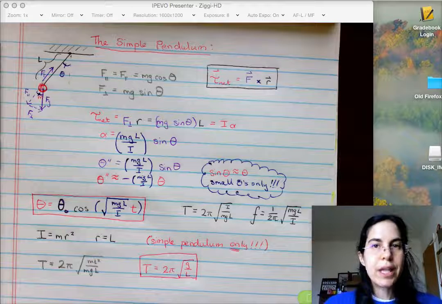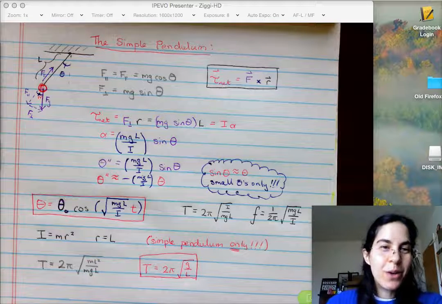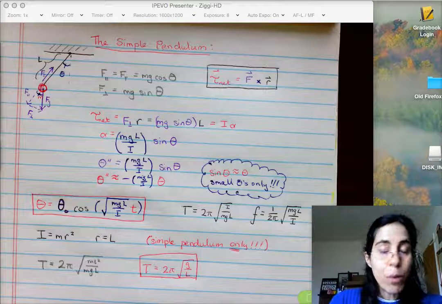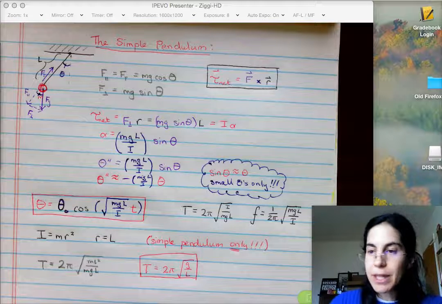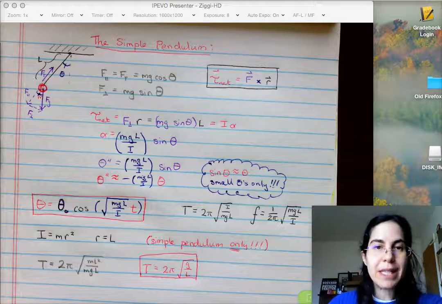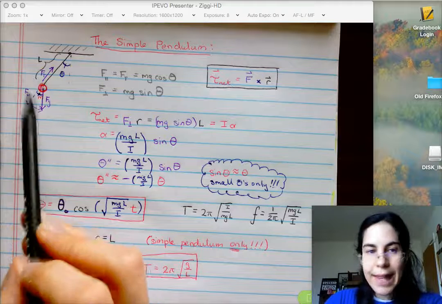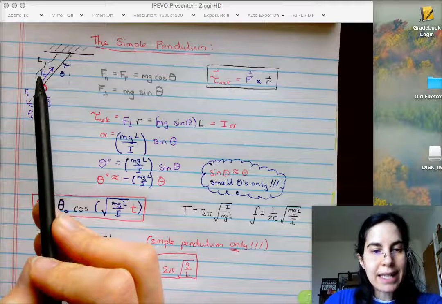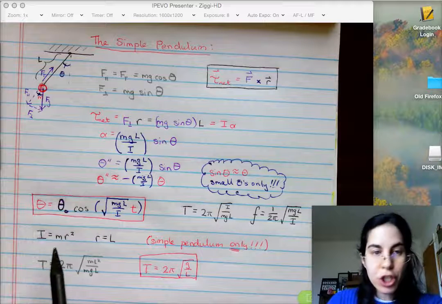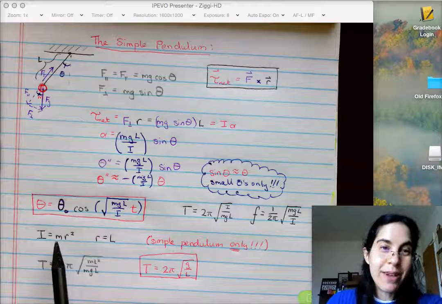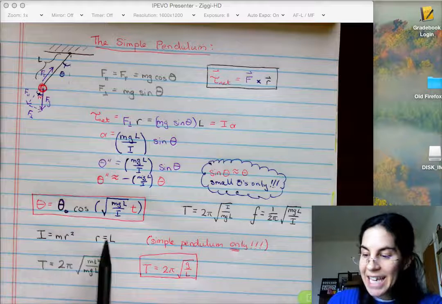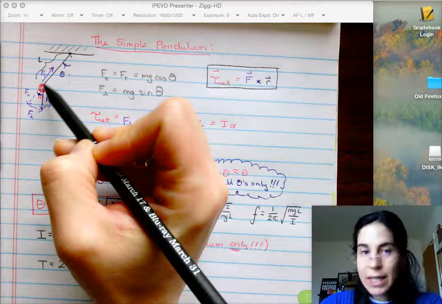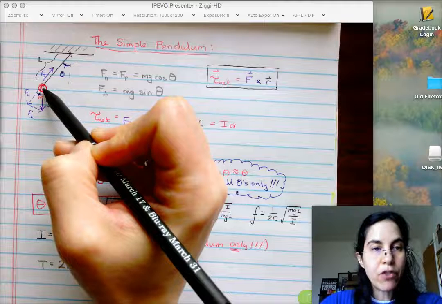You'll try this yourself in lab with a helpful sibling and a stopwatch. Please note that we have derived even pendulums that are not simple. If the pendulum is not simple, if it has a known length and width and breadth, if the mass of the string is not insignificant, the only thing that's going to change is here, the moment of inertia, and here, the radial distance from the pivot point to the operating point for the force of gravity.